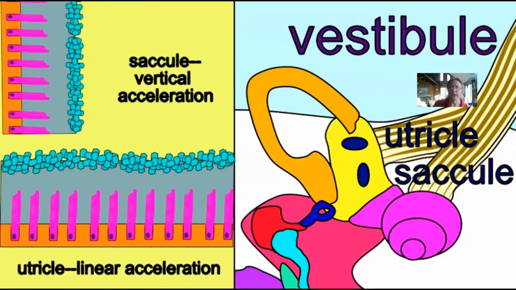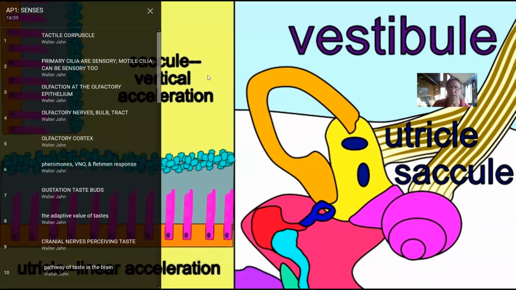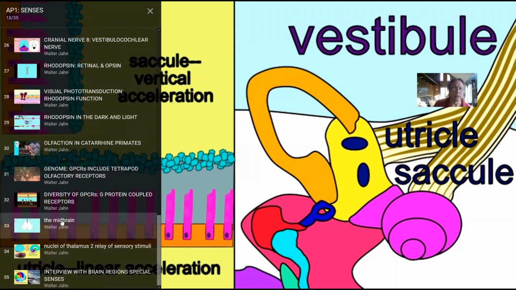And so not only can we sense acceleration in the linear horizontal plane at the utricle, but also in the vertical plane at the saccule. Okay, so these then are the senses of the ear.